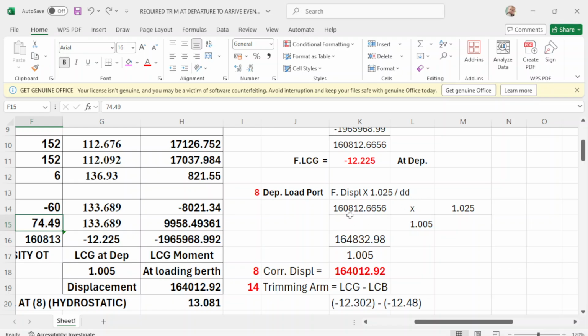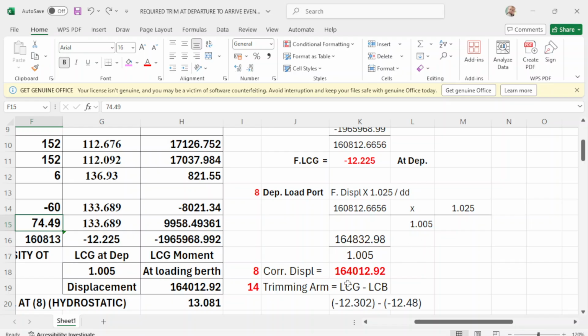So your displacement is 160813, times your saltwater density over your local density 1.005. Multiplying these two gives 164483298 over your local density.